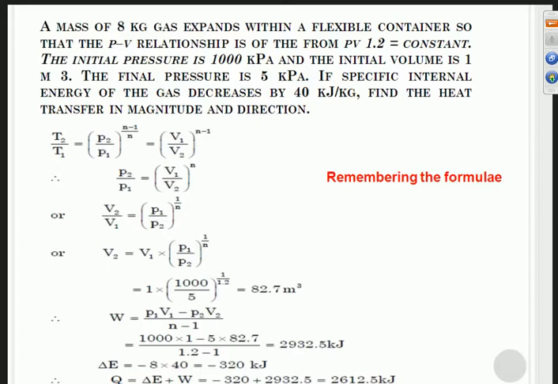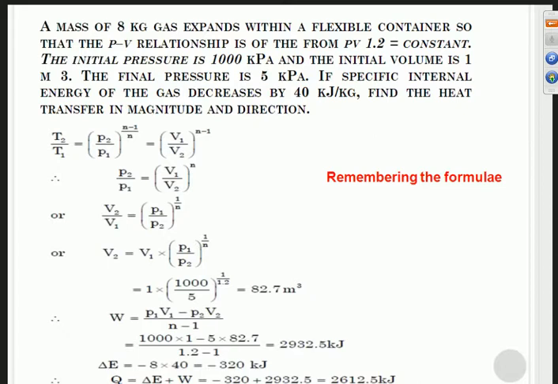That means here, if you closely observe, though the problem appears lengthy, 8 or 9 lines, he has to remember the formulas. How to remember the formulas? This all comes under the first law of thermodynamics only.